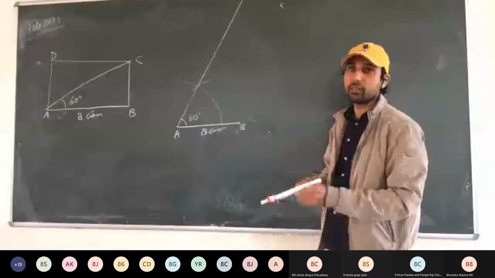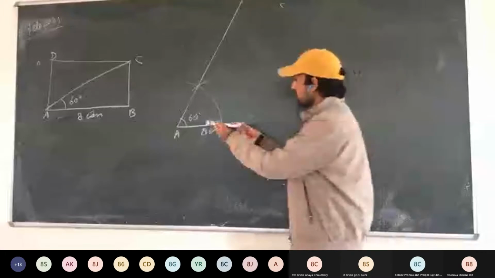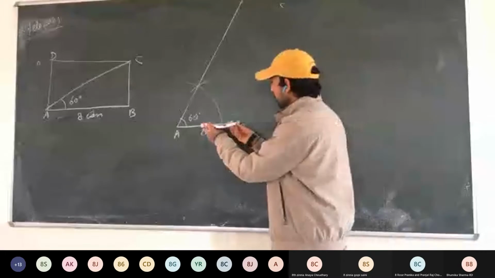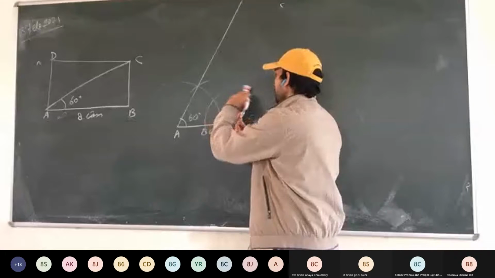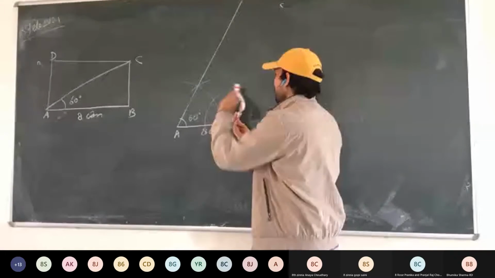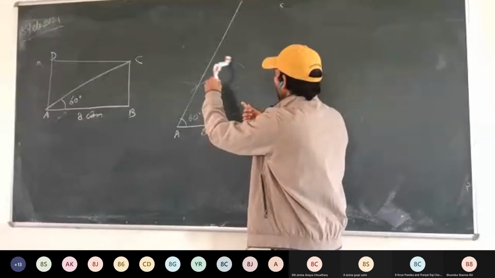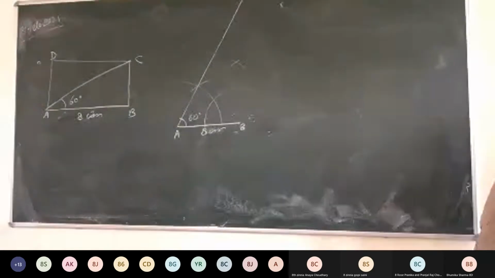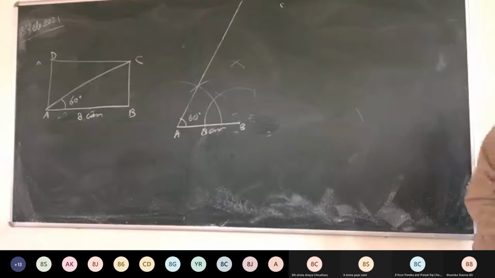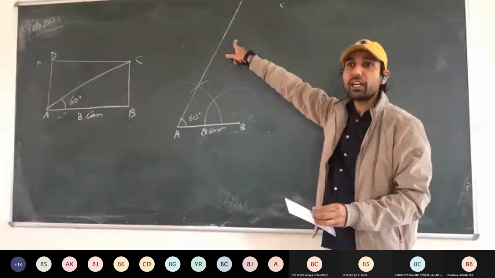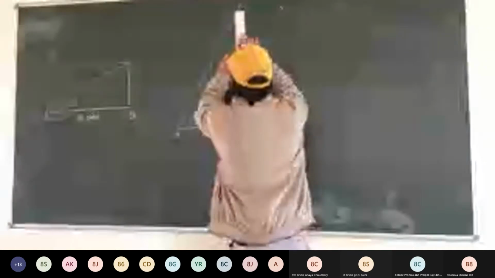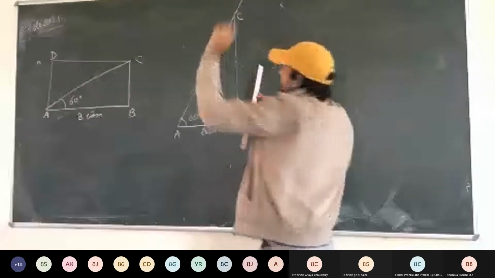Draw an angle of 90 degrees at B. Wherever these two lines meet, that will give us C. So here we have C.